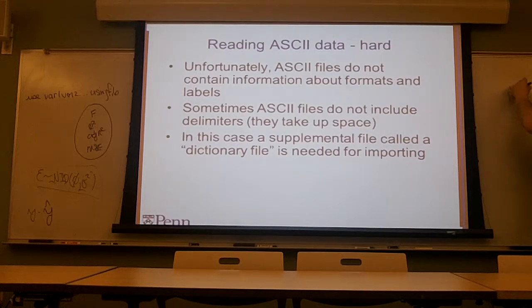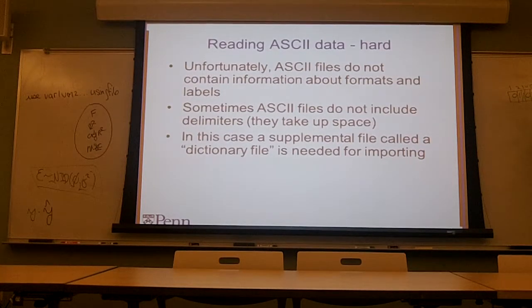So I have position 1, 2, 3, 4, 5, 6, 7, 8, 9, 10, 11. And let's say that there are more: 12, 13, 14, 15, and I'm going to put some spaces in here.